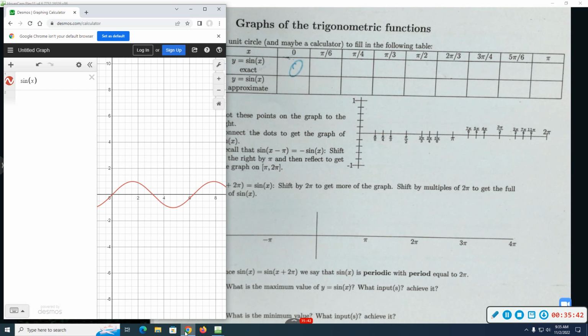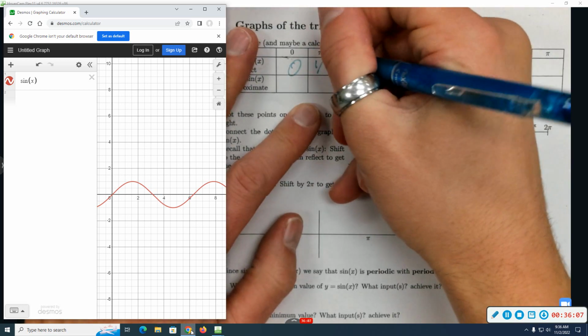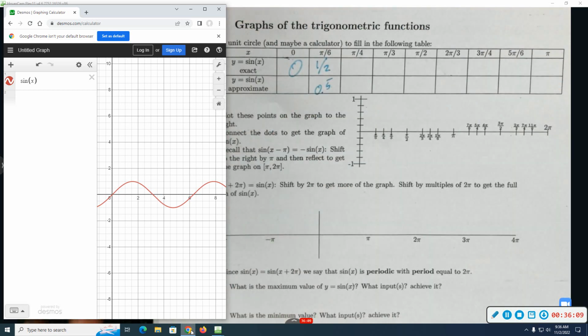Sine of pi over 6 is 1/2, also known as 0.5, since we're going to try to sketch a graph.